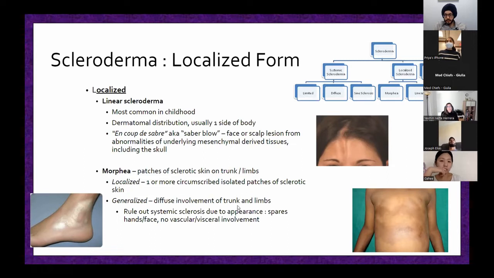It can be a bit more diffuse, and generalized morphea involves larger patches. And that can also involve the trunk and the limbs. And when you see a larger patch like this, you have to see if it's consistent with just morphea, which is localized, but it's also important to look for systemic scleroderma, as it can involve other organs, whereas morphea does not involve the organs.